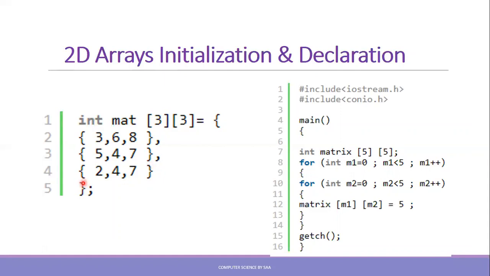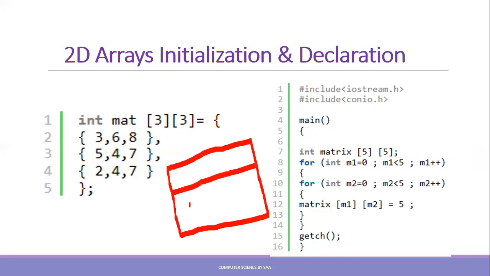For the third row, open another curly bracket and 2, 4, 7, close the curly bracket and close the main curly bracket, and put the semicolon in the end. When this code is executed, a matrix will be created of size 3 rows and 3 columns in the memory like this.